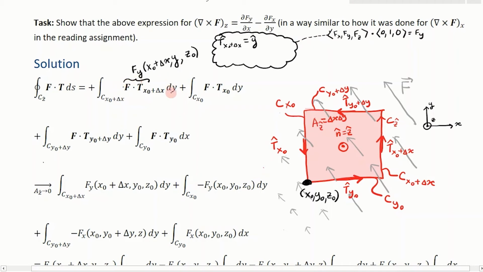If you're still not convinced, for example, that this t hat at x naught plus delta x equals y hat, you could think back to how you were parameterizing contours. So you could think, okay, my contour over here is parameterized in terms of y.